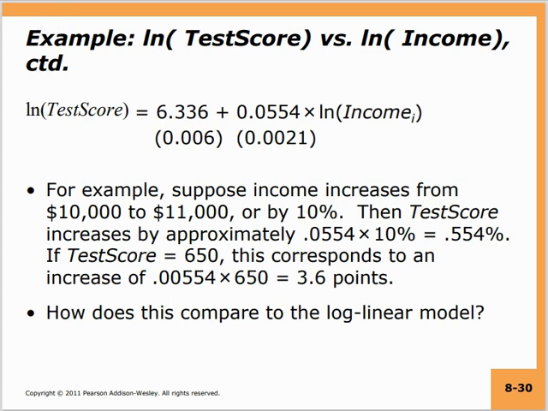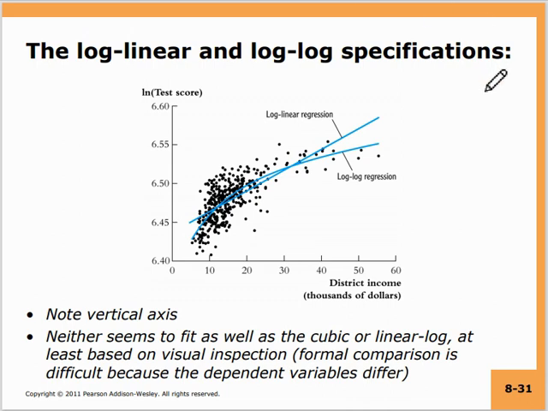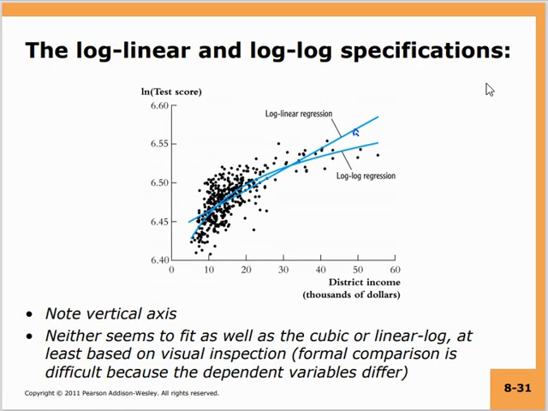Now, how do you compare it with a log linear model? So again, we look at the visual comparison, and we look at the log-log regression and the log linear regression that we had done before, and again we see that the log-log regression seems to be doing better than the log linear regression. Now, the vertical axis is log of test score.